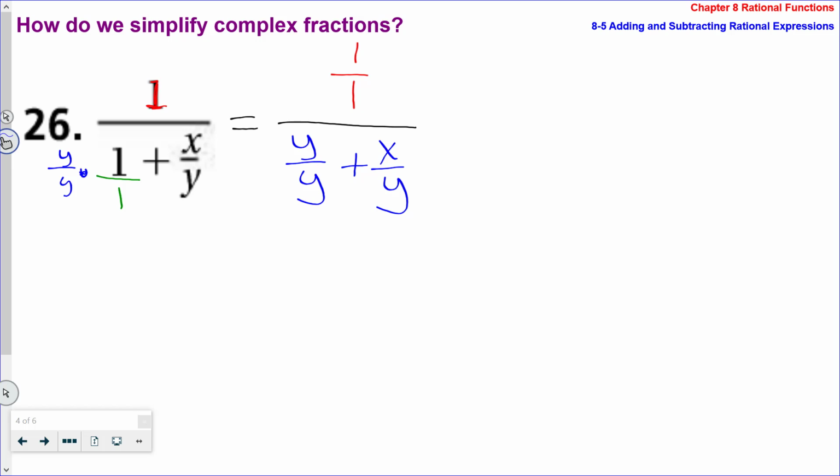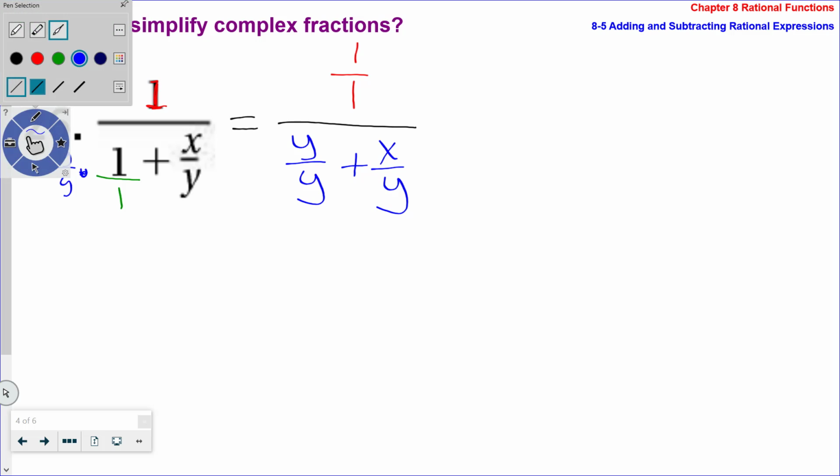So we still haven't written it as a single fraction. So to write that as a single fraction, the numerator is still 1 over 1. The denominator, well, how could we express the denominator as a single fraction? What is y over y plus x over y?